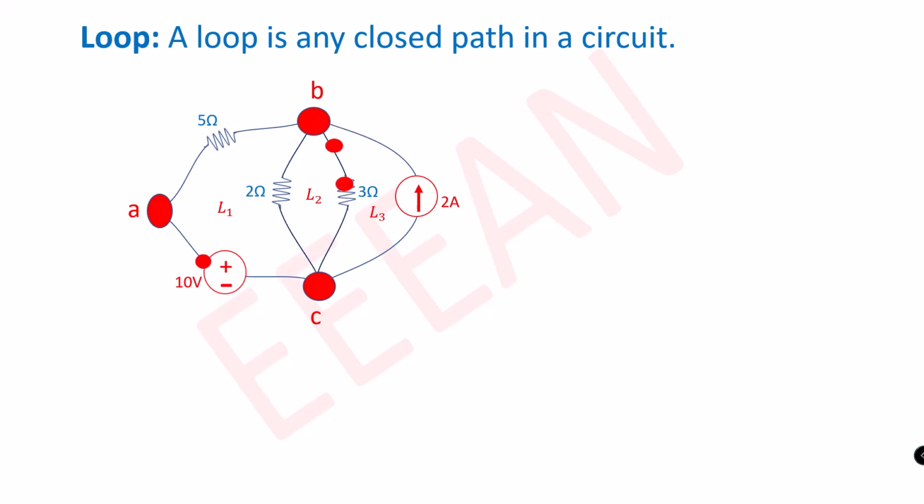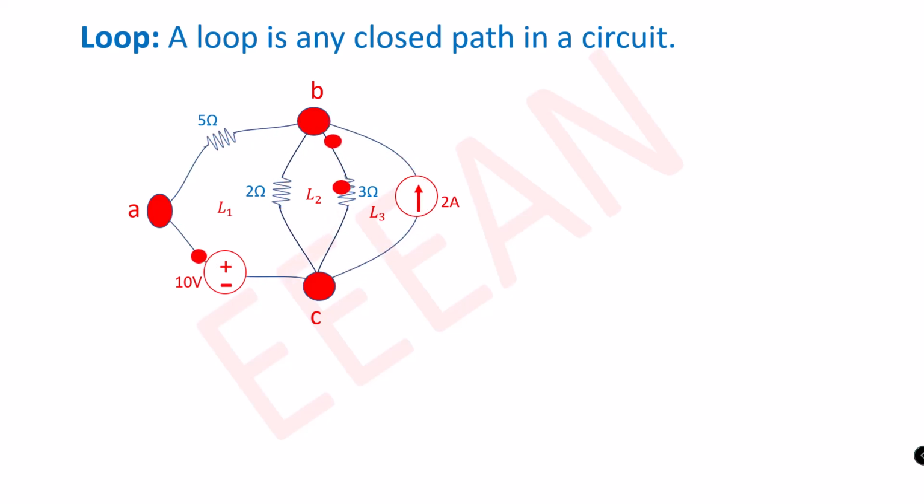But look at this loop 2. In this loop, the 2 ohm resistance and 3 ohm resistance both are not independent elements because the 2 ohm resistance contributes in both loop 1 and loop 2 and the 3 ohm resistance contributes in both loop 2 and loop 3.